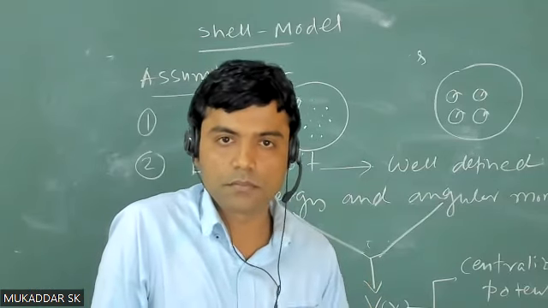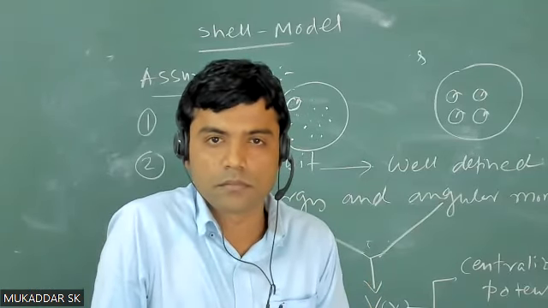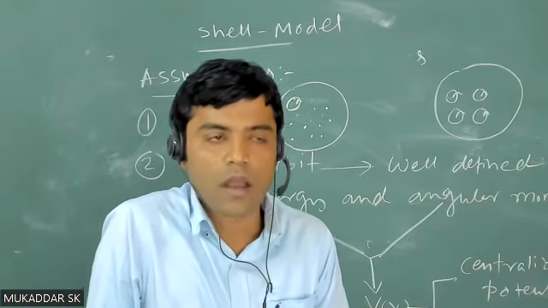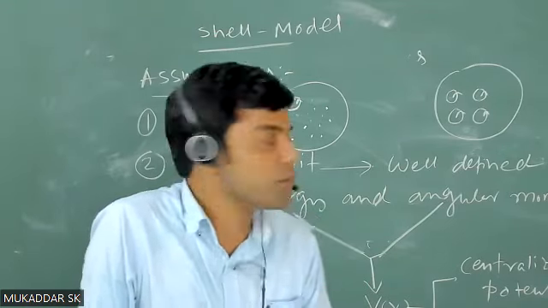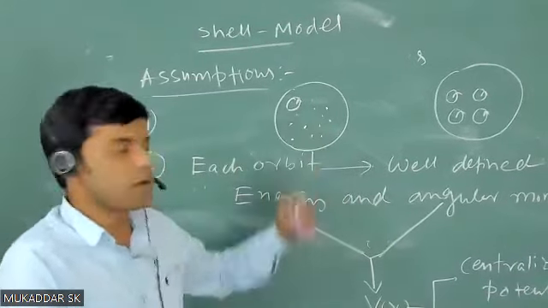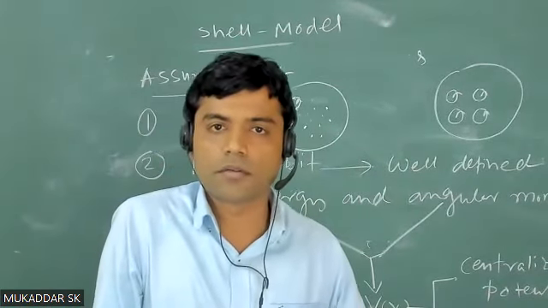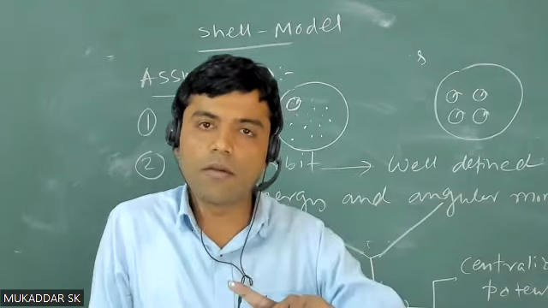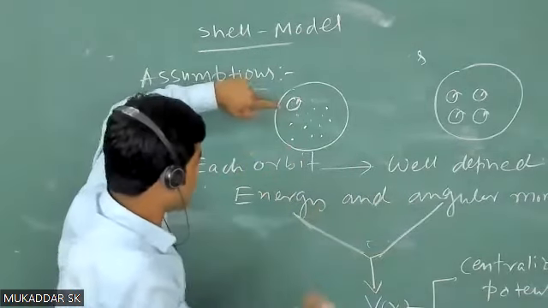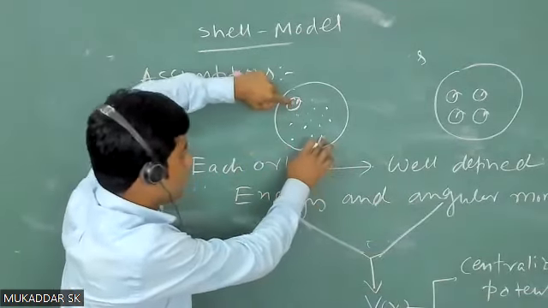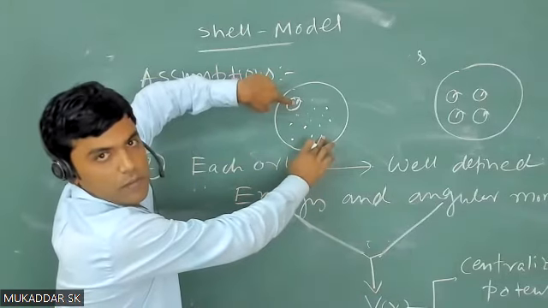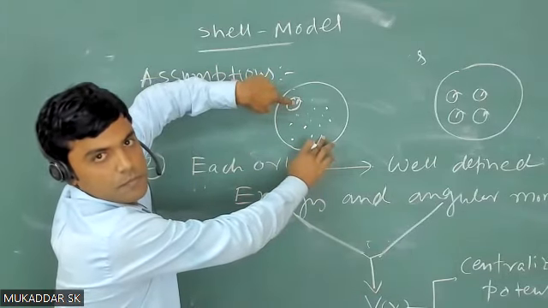Sir, this centralized potential is due to that nuclear force between the nucleons. Nuclear force, but average force. I mean, it's not actually a nuclear force. Why? Because in this scenario nuclear force will not work, because nuclear force is a short range force.